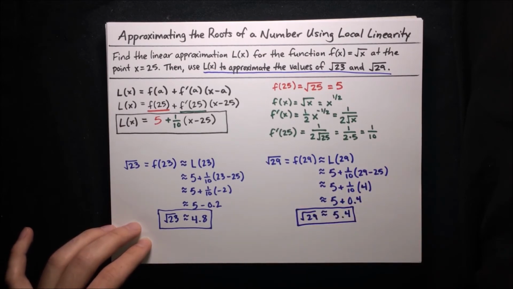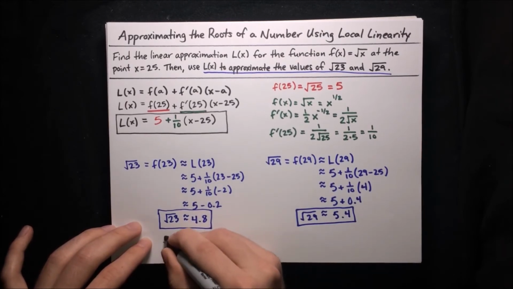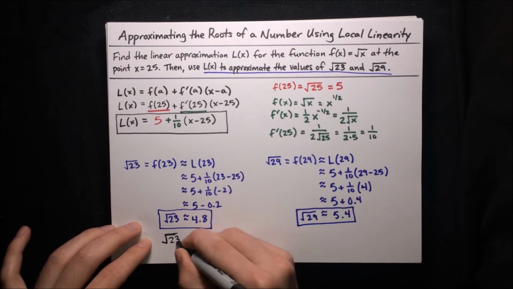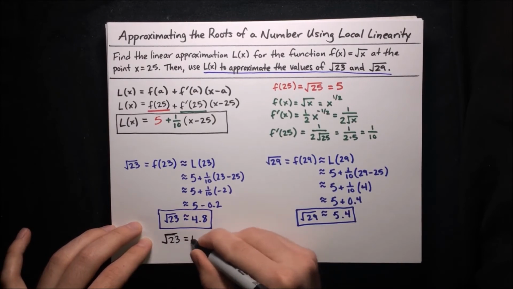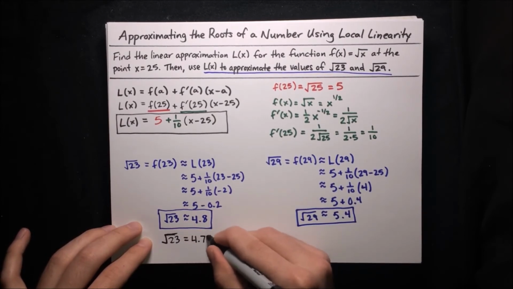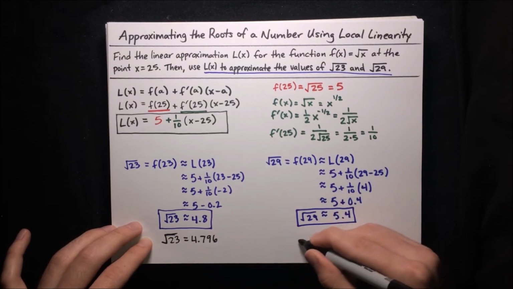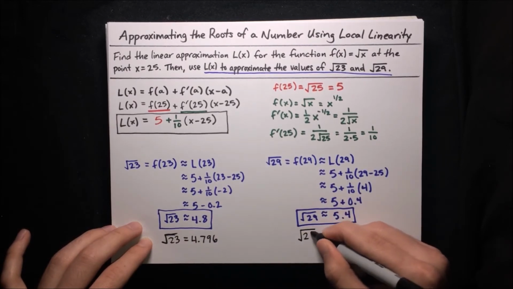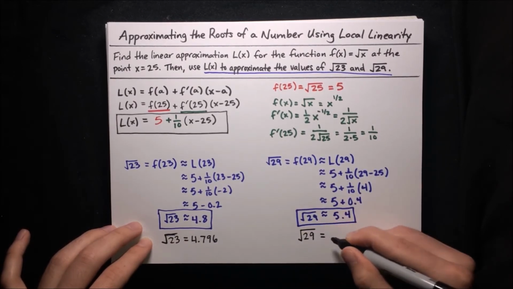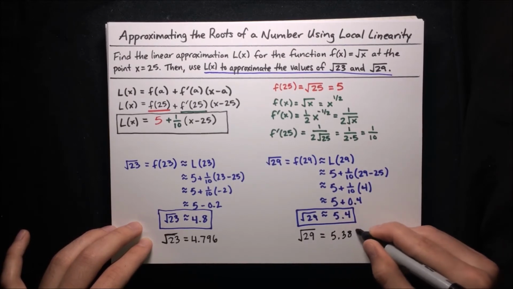Okay, well that's cool. We can approximate the values of square roots using linear approximation. But you might wonder, how good are these approximations? Well, let's see. Rounded to 3 decimal places, the exact value of root 23 is 4.796, and the exact value of root 29, rounded to 3 decimal places, is 5.385.